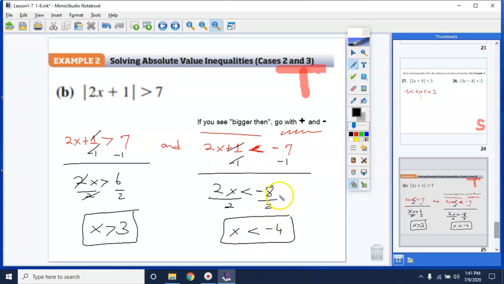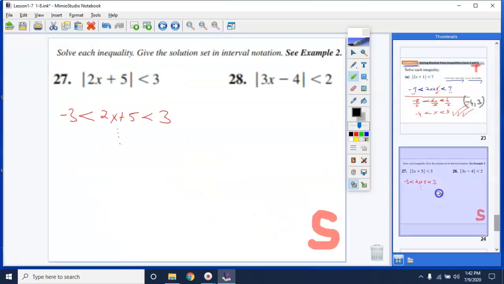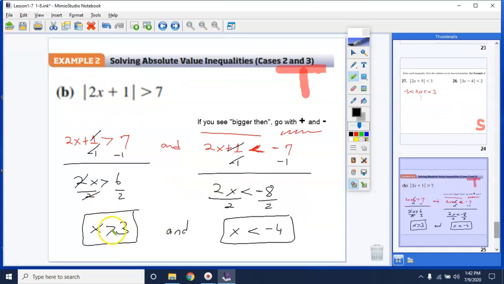Okay, so I solved them, but let's write them in interval notation. I forgot to write it that way. Let me go back to this example. If you see your solution between negative 4 and 3, it should be like this. So x is between them, right? So it should be negative 4 to 3. In this example, x bigger than 3 and x less than negative 4.